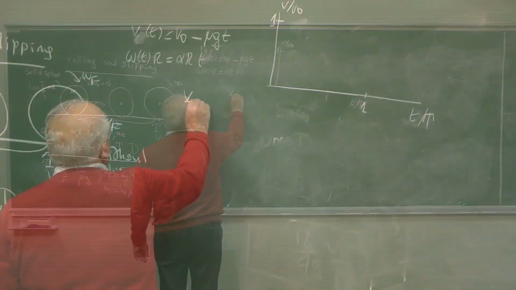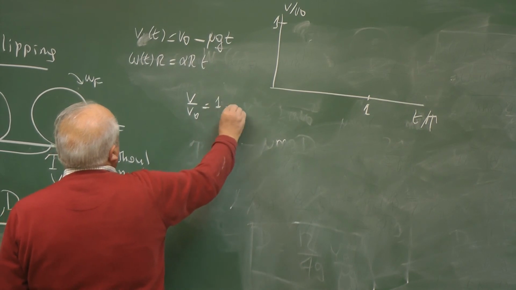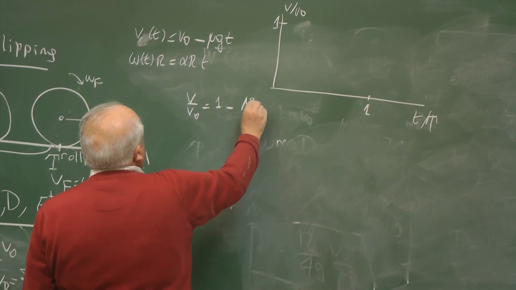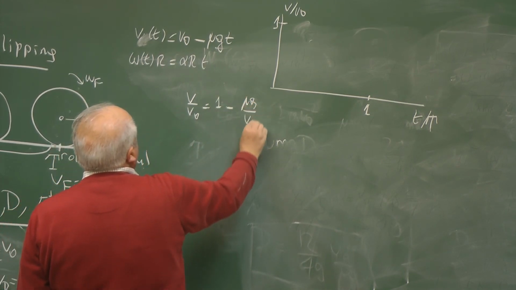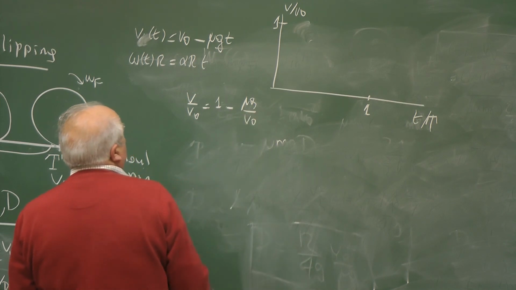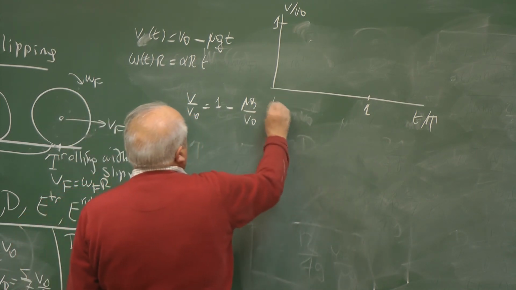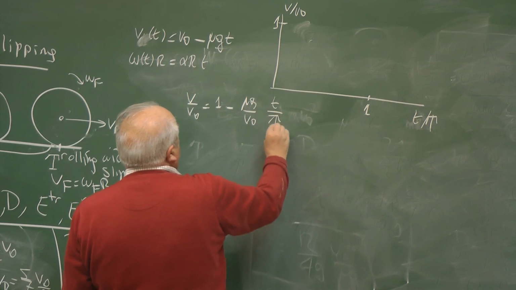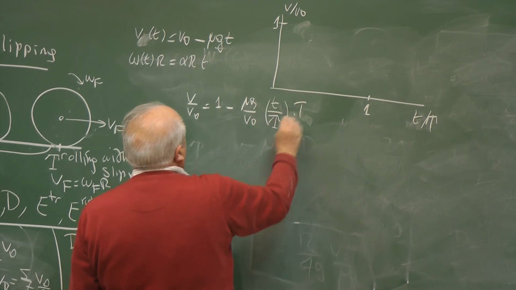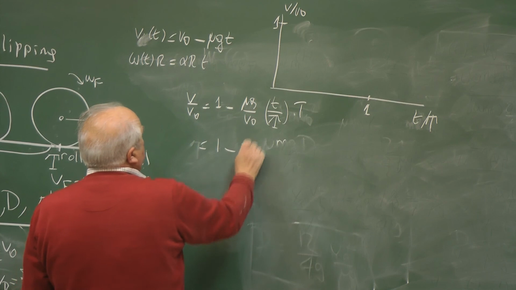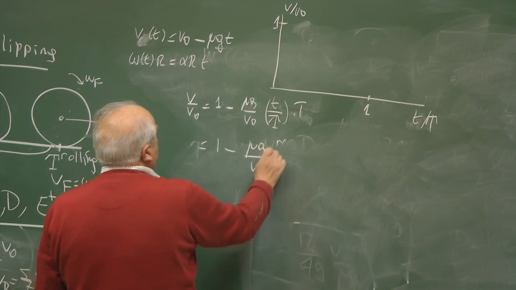So V over V0 is equal to 1 minus mu G over V0 T. Let's measure T in terms of T. T over T times T. That's equal to 1 minus mu G over V0.